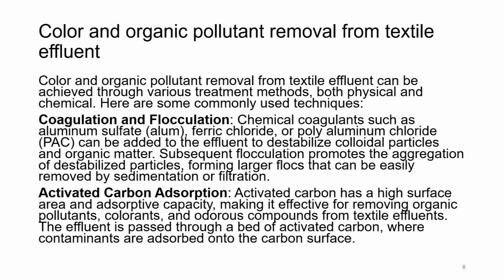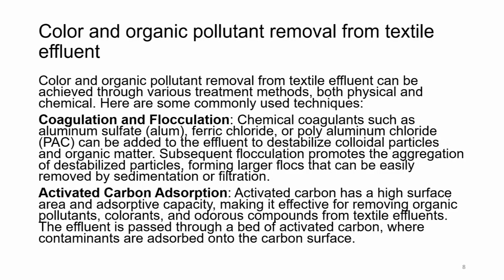Chemical coagulants such as aluminum sulphate, that is alum, ferric chloride or polyaluminum chloride, that is PAC, can be added to the effluent to destabilize colloidal particles and organic matter. Subsequent flocculation promotes the aggregation of destabilized particles, forming larger flocs that can be easily removed by sedimentation or filtration.